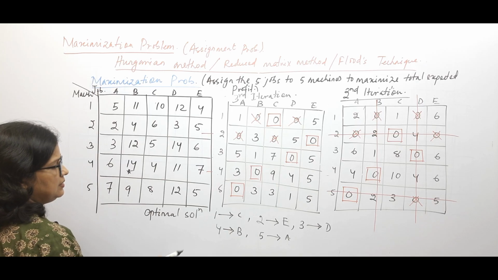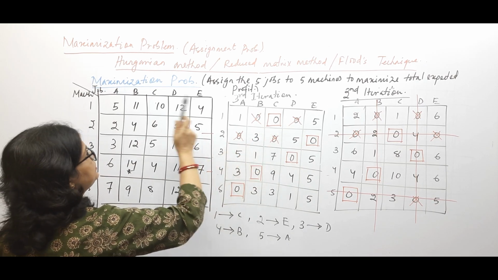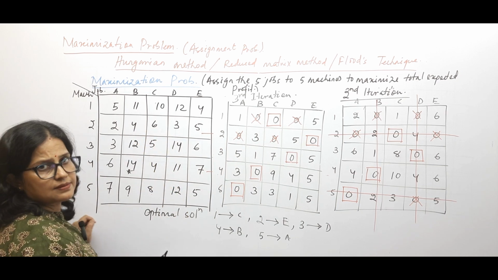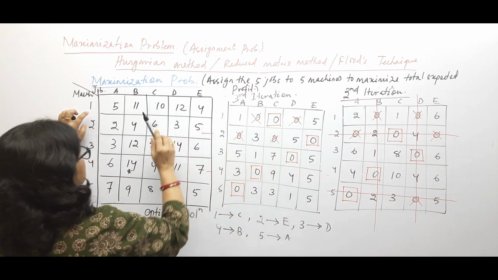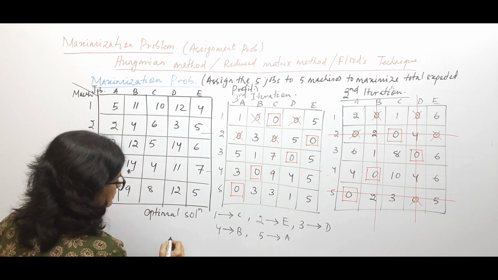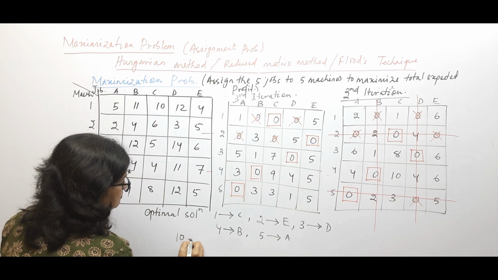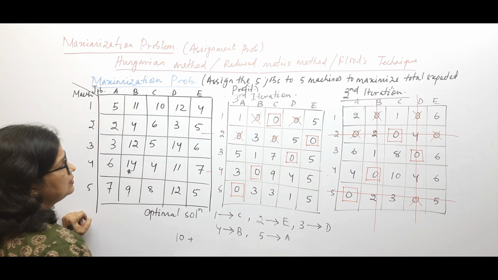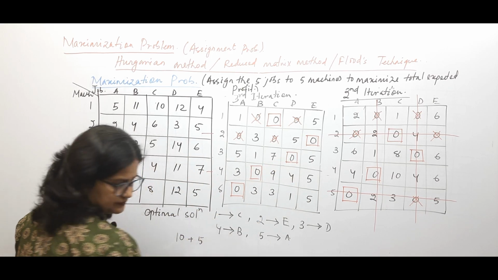If you see here, for the calculation of the profit, we need to go to the profit matrix. So see, for C, the value is 10. So 10 plus. Then the next value is 5. For E, it is 5.